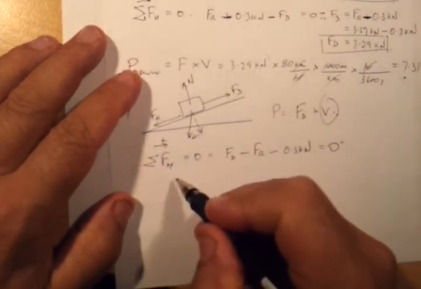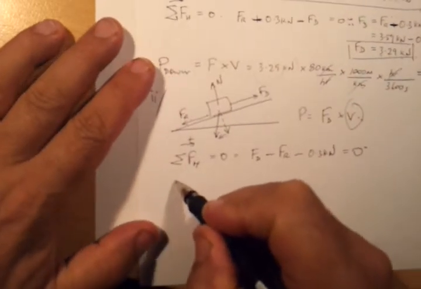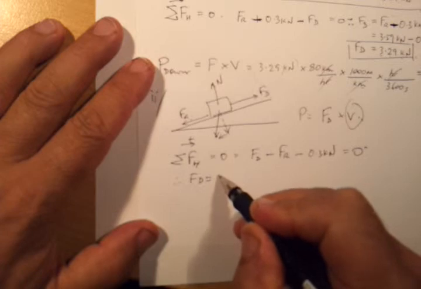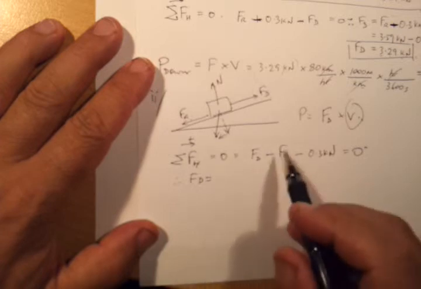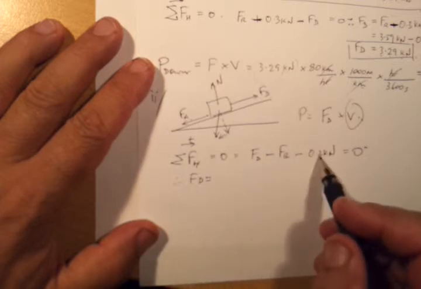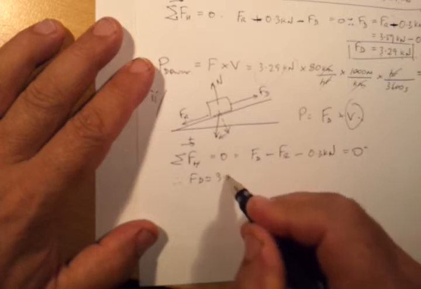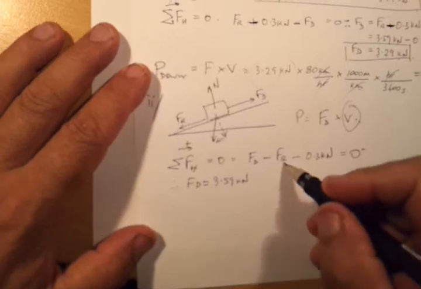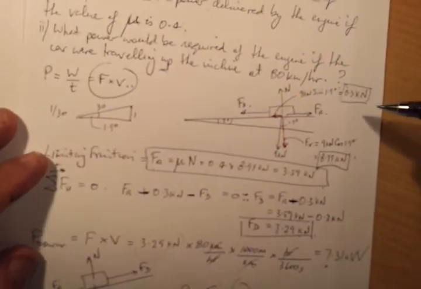Therefore we can say that Fd going up the hill is going to equal to the sum of these two, which is 3.59 kilonewtons. We've already worked out frictional force up here, remember?